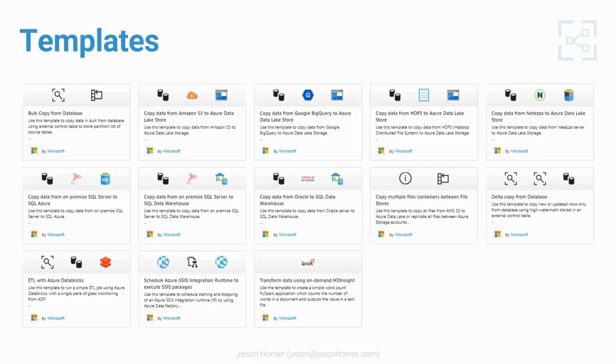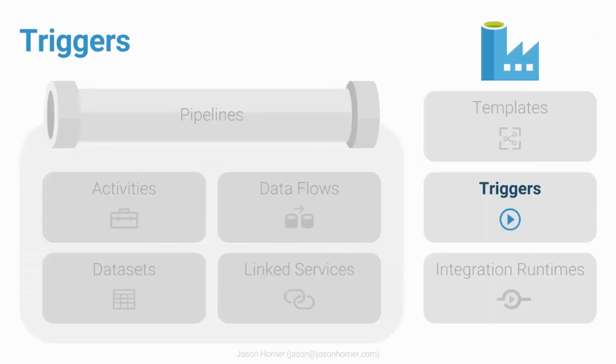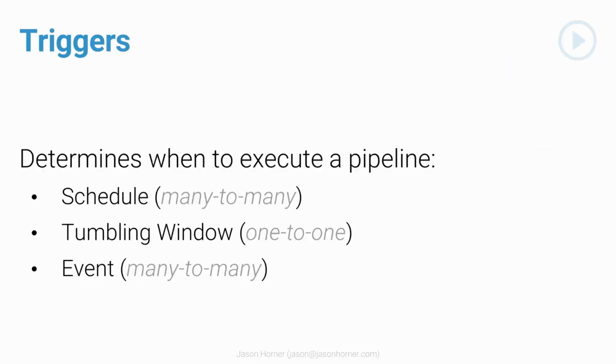Okay. As far as triggers, there are three main types. We can do an event-based trigger, where we trigger an ADF pipeline based on the arrival of a file in a blob store or the deletion of a file. I can do a schedule-based trigger, so wall clock-based, just like I would do in SQL Agent. And then tumbling window is mostly deprecated these days. It was more of an ADF V1 concept, but it is still supported.